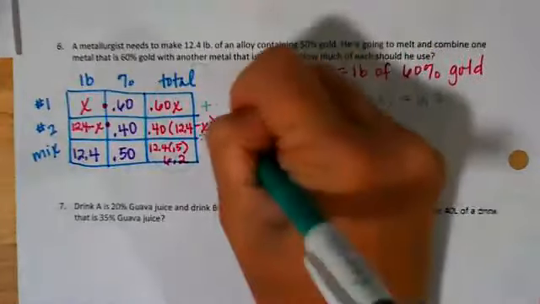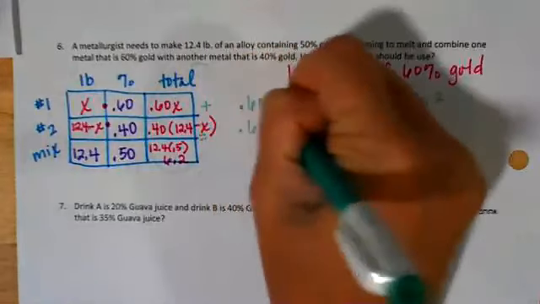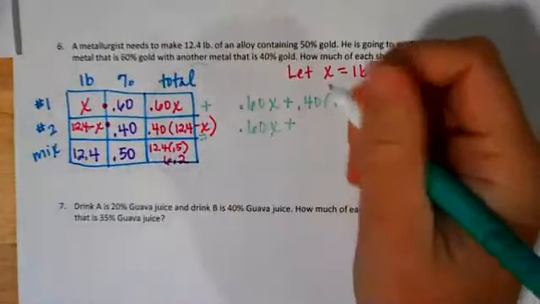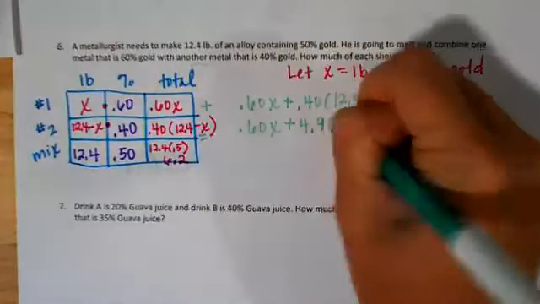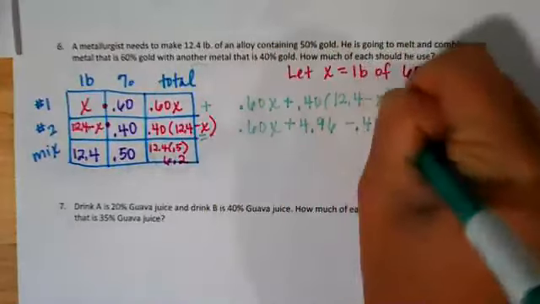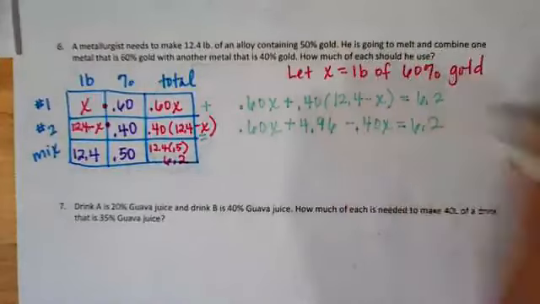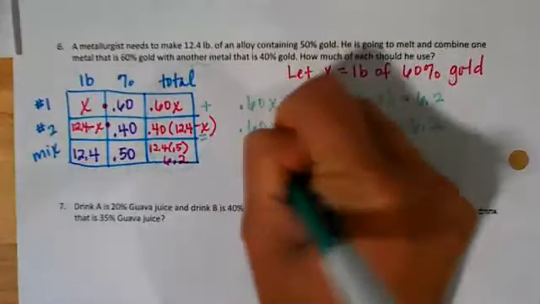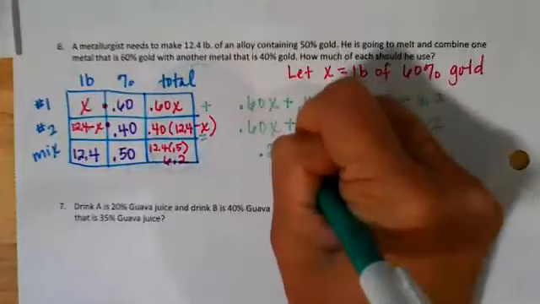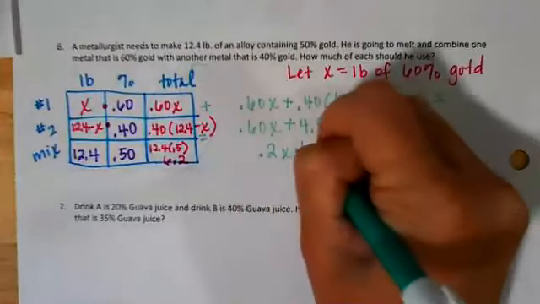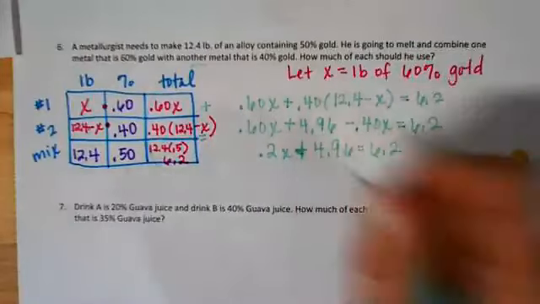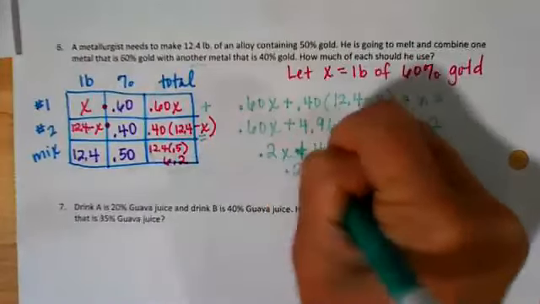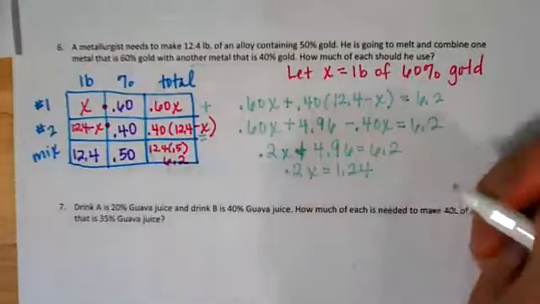Now I'm going to solve this equation. So 0.60x plus 4.96 minus 0.40x equals 6.2. Combining like terms, 0.2x plus 4.96 equals 6.2, and then 0.2x equals 1.24.